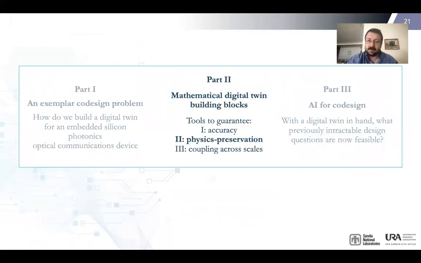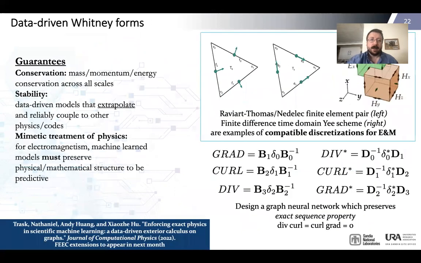Next, we'll turn to physics preservation. In forward simulation of electromagnetism, edge and face finite elements, or Raviart-Thomas or Nedelec finite elements, are the cornerstone of how to get predictive simulations. And so what we're after here is to design a graph neural network architecture which encodes the exact same kind of information, right?